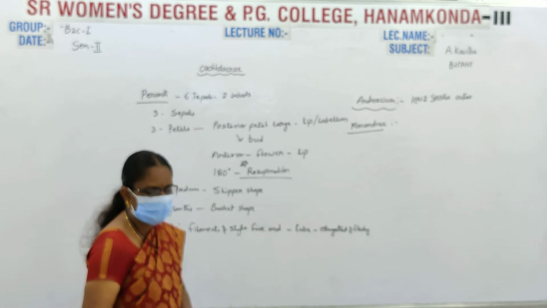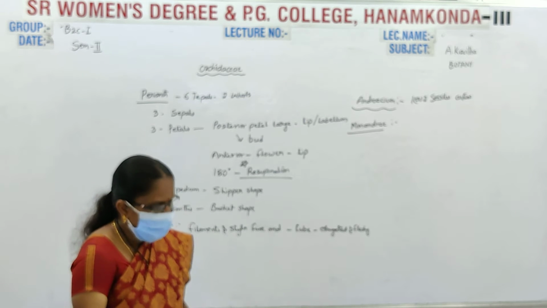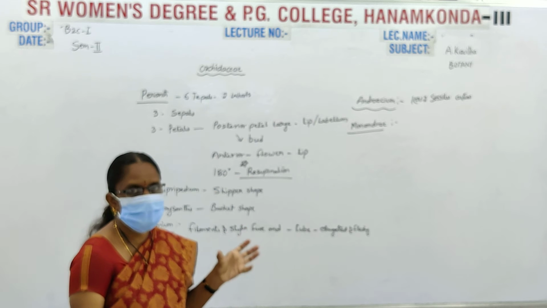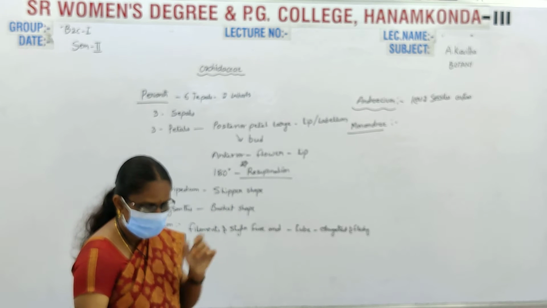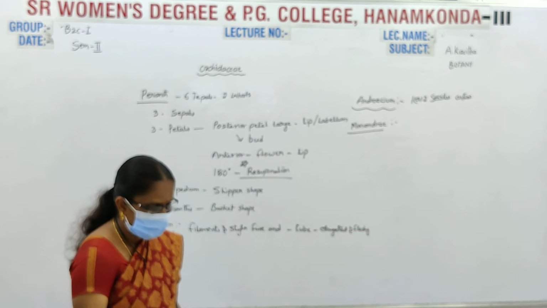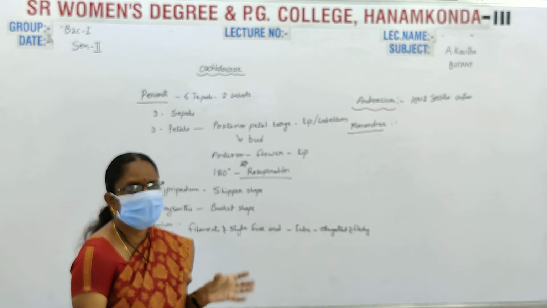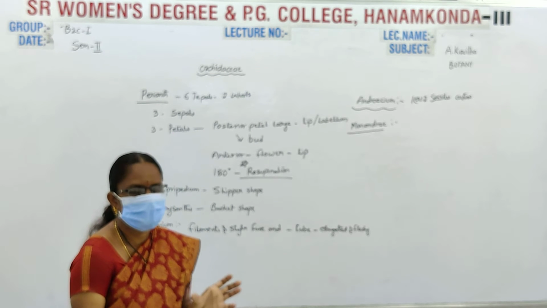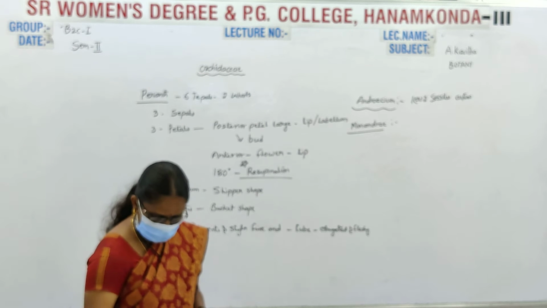Monandre means one anther is present at the tip of the column, the anterior side anther, which is fertile.